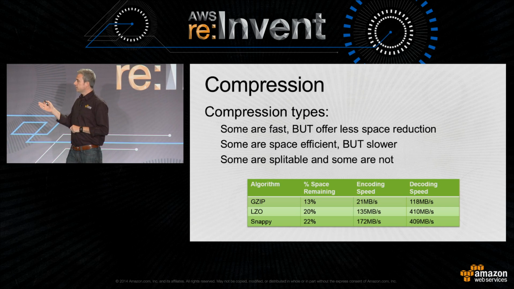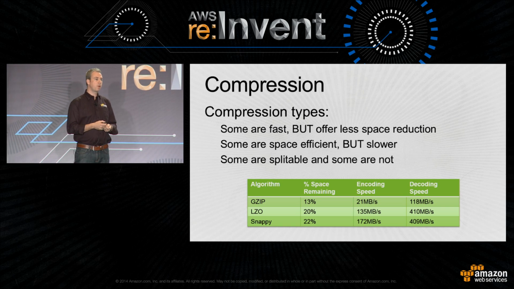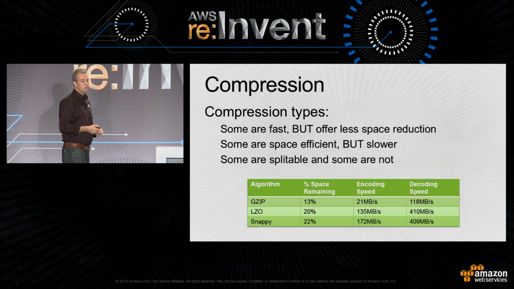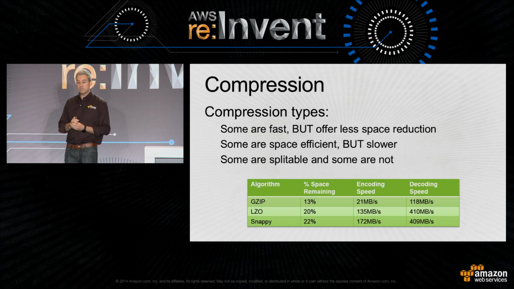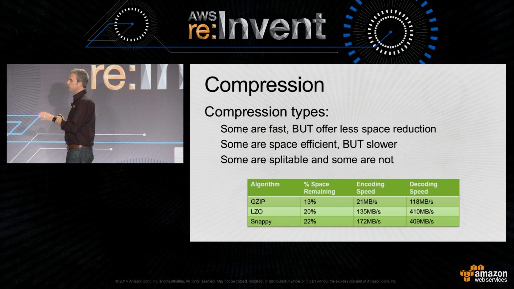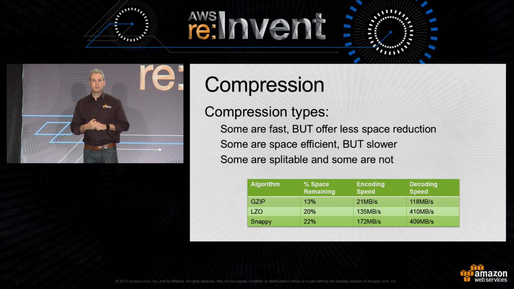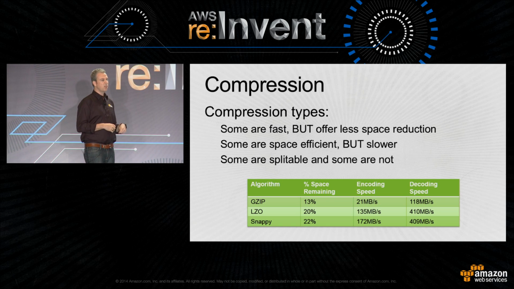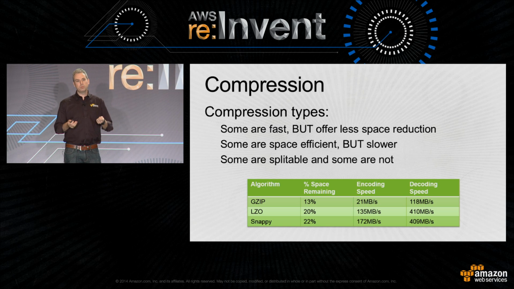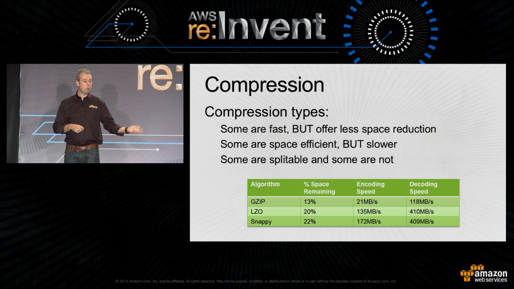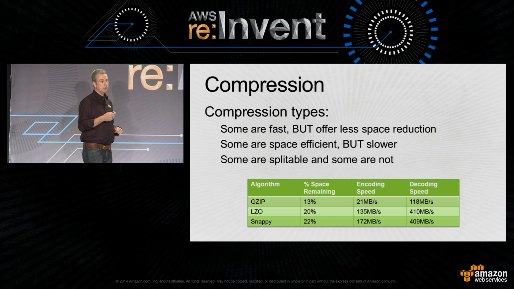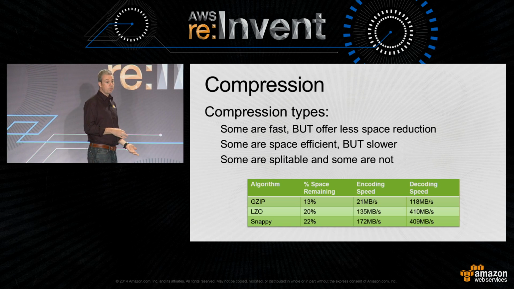If we look at Snappy, which was designed from the ground up for speed, we can see it's extremely fast at encoding and particularly decoding, but we don't get as good a compression rate. But when I look at this table, I always think, well, the difference is about 10% versus the performance impact being 25 to 30x.